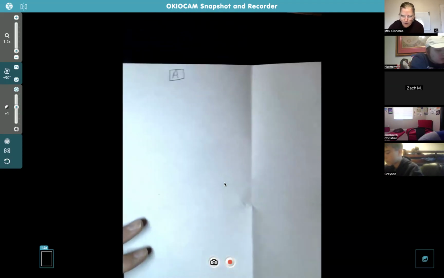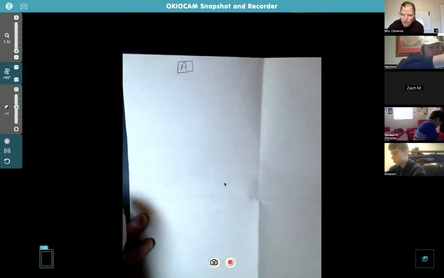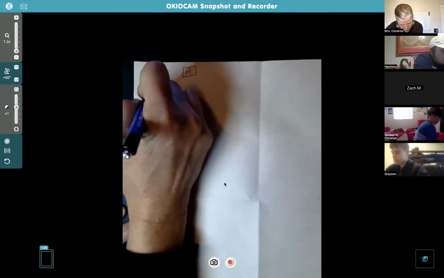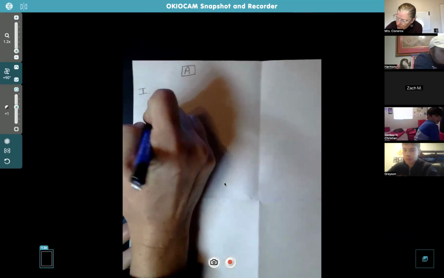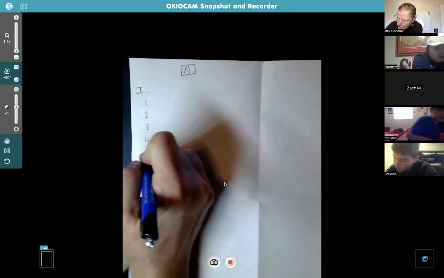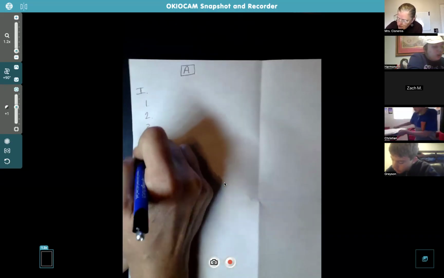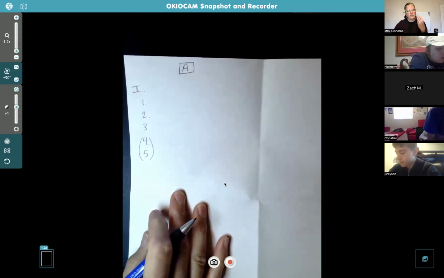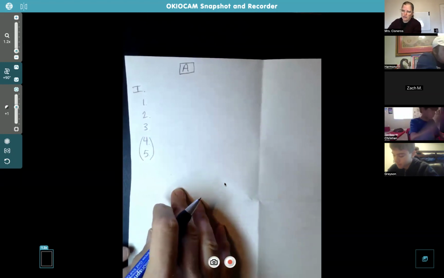This is the first paragraph you're going to work on for troglobites. So we're going to call this Roman numeral 1 under the A, and then it's going to go 1 through 5. Spread them out so they're not too close, so you have room. 4 and 5 are going to have parentheses like that, and you know that means it's optional. You have to find at least 3 facts, but you can use 4 and 5 if you need them.